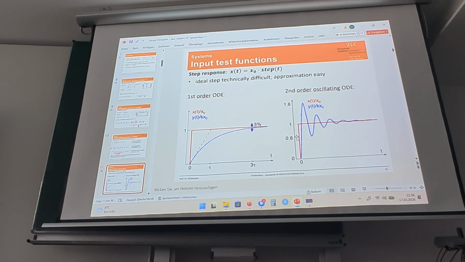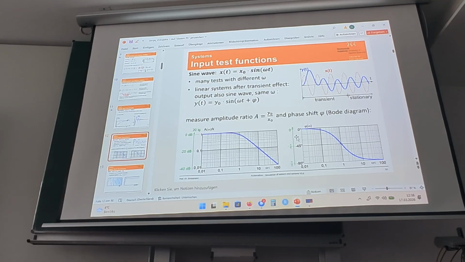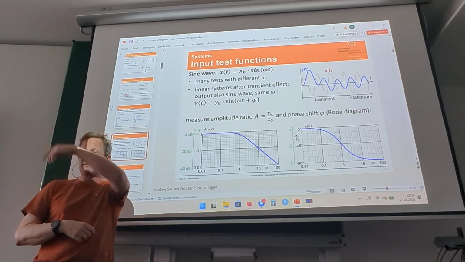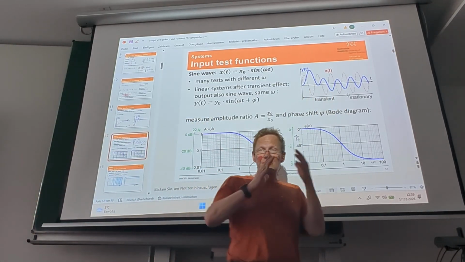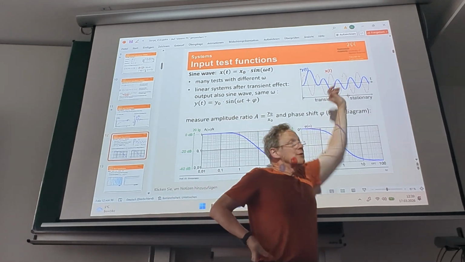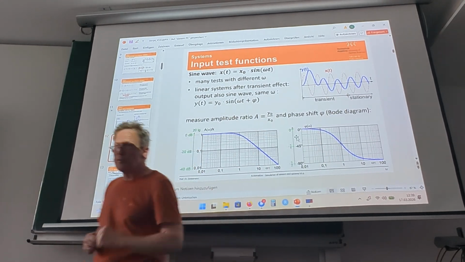So sometimes you need something else, and what will always work is when you have a sine wave at the input. You will have to switch it on, okay, but then you have a sine wave at the input. After some time, which is called the transient time, you will also get a sine wave at the output.